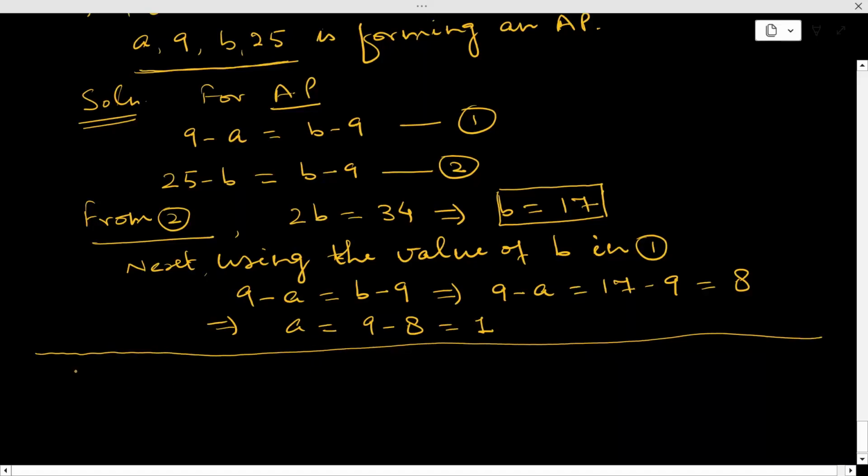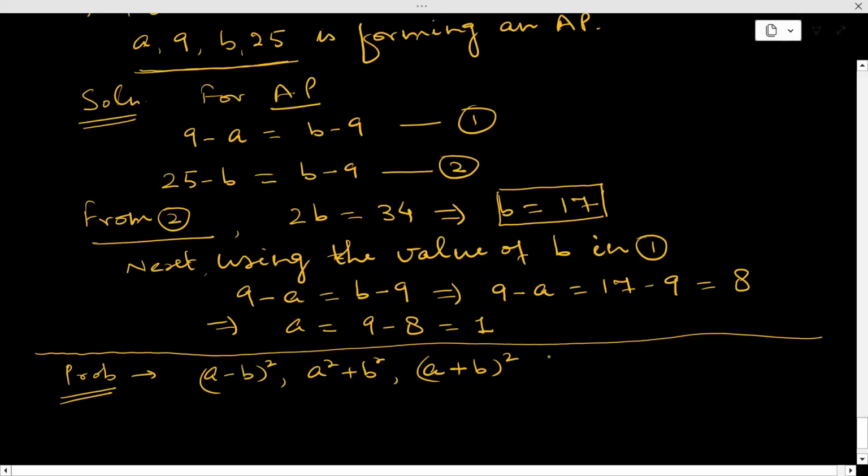Now in the next problem we will discuss an interesting one. I hope that all of you are aware about the formulas (a minus b) whole square, a square plus b square, and (a plus b) whole square.